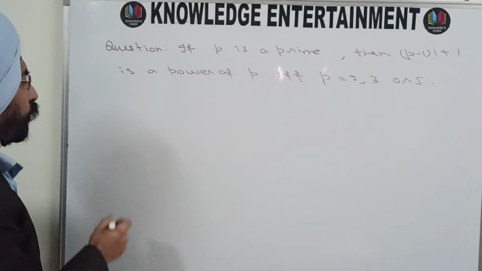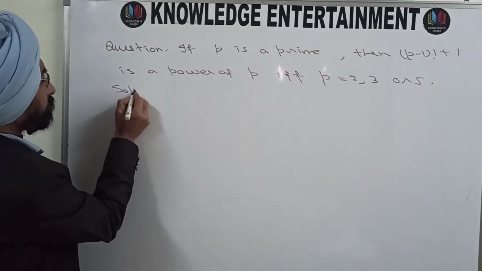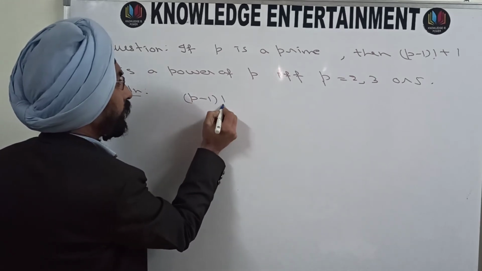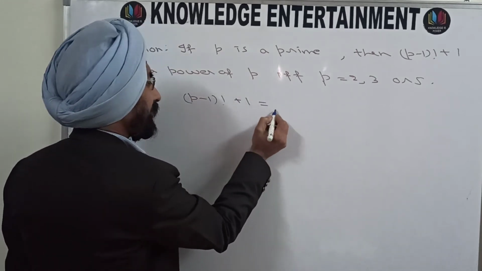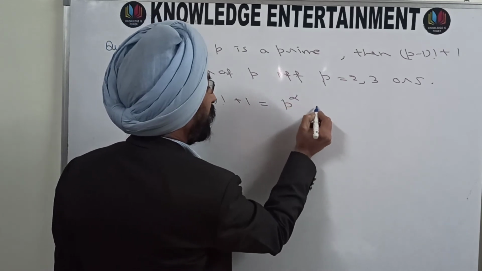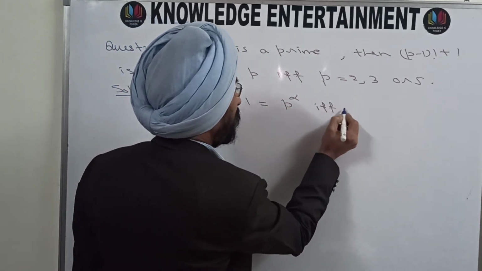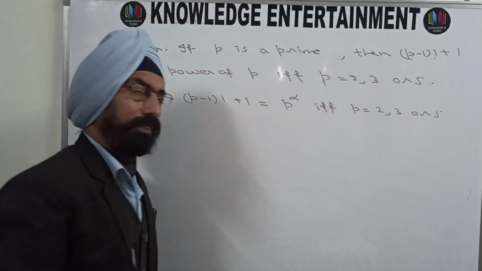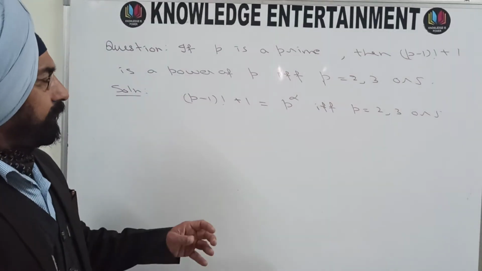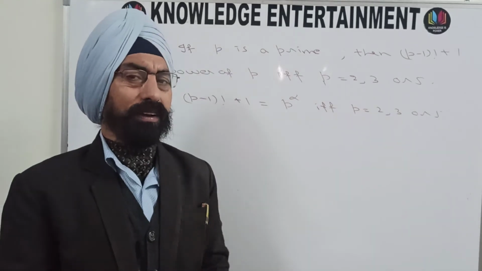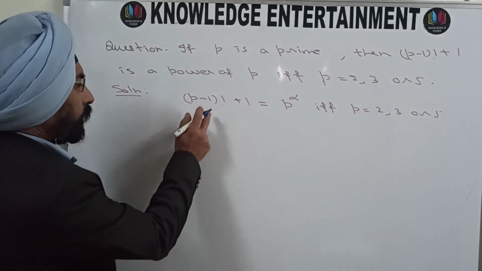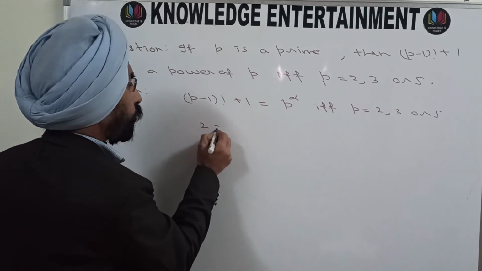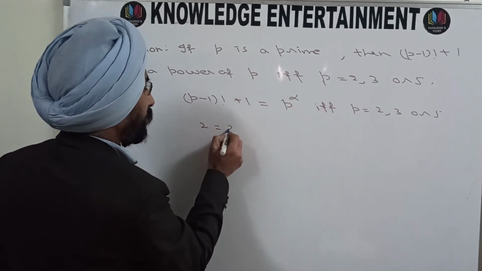That means what we want to say is that P minus 1 factorial plus 1 is P raised to the power alpha if and only if P is 2, 3 or 5. So let us see whether the result is true for 2, 3 or 5. For 2, you are going to get 1 plus 1, 2. So 2 is 2 raised to the power 1.